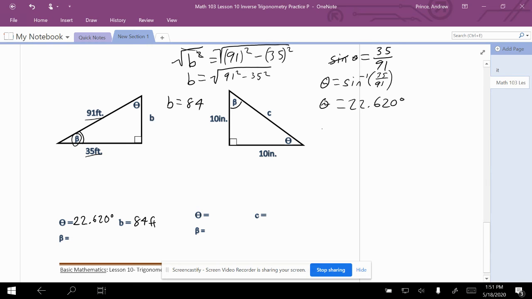So if we're using adjacent, that's going to be cosine b equals 35, the adjacent, over 91, the hypotenuse. So b by itself, cosine inverse of 35 over 91. And that is going to be 67.380 degrees.